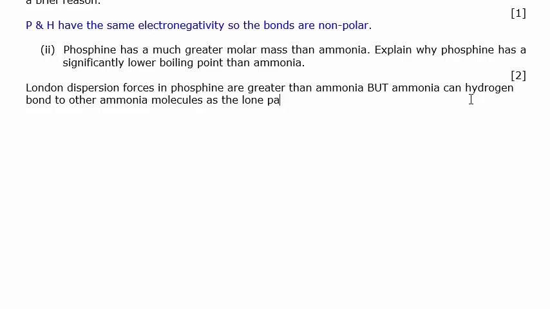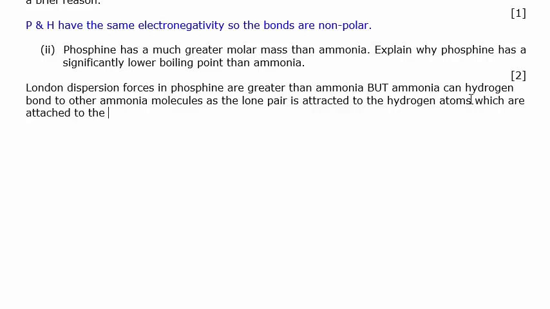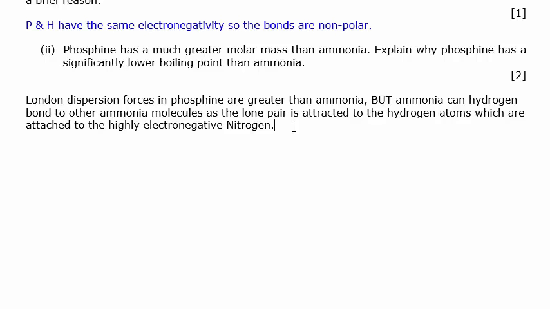Ammonia can hydrogen bond because the lone pair is attracted to the hydrogen atoms which are attached to the highly electronegative nitrogen. And hydrogen bonding is a much stronger force in small molecules. Notice in this answer we also refer to phosphine.